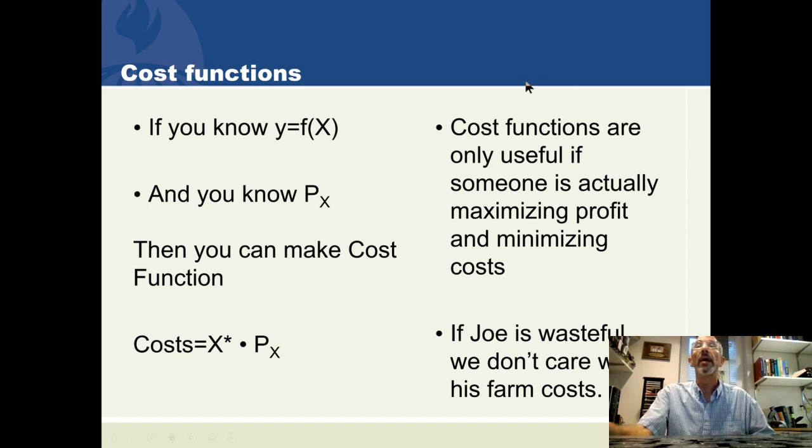So, as it says, cost functions are only useful if someone is actually maximizing profit and minimizing costs. If Joe is wasteful, why do we care what his farm costs? We want to study the efficient producers in the economy. There are thousands and thousands of ways to be wasteful, and our cost functions won't be helpful.